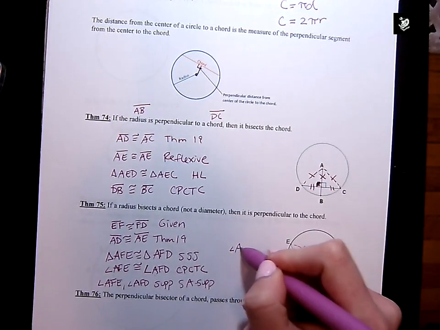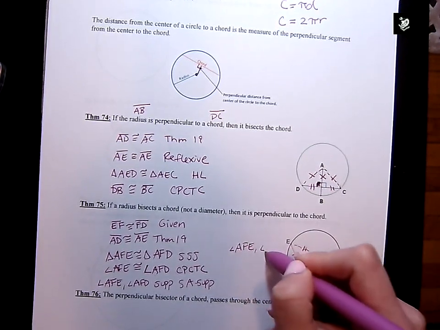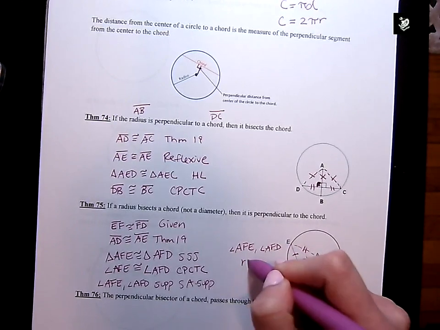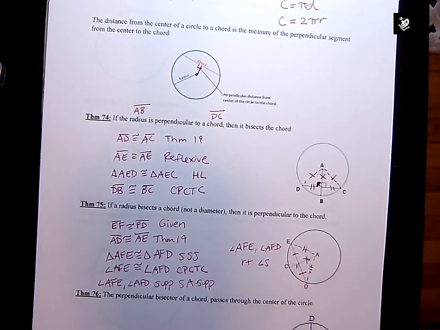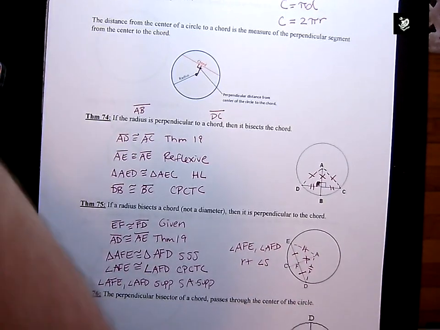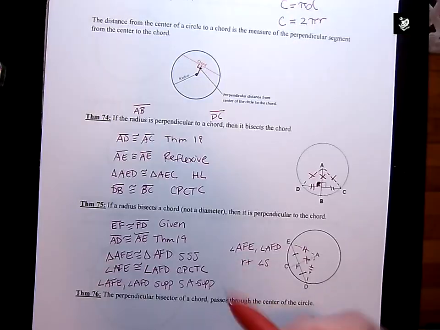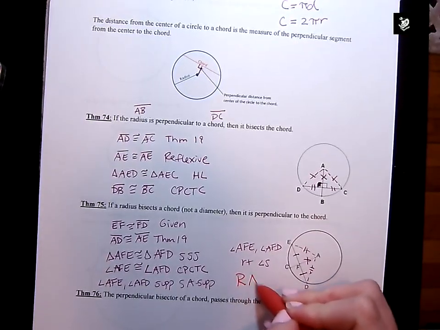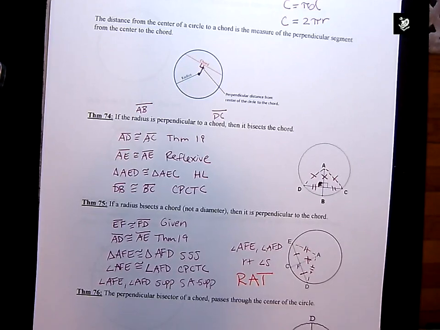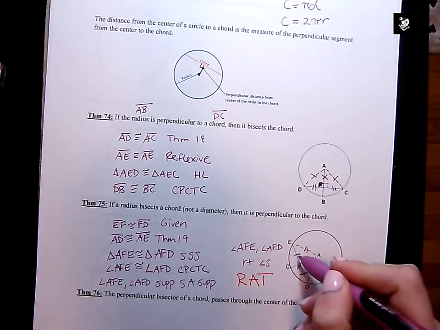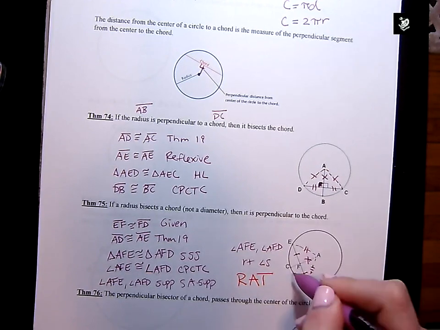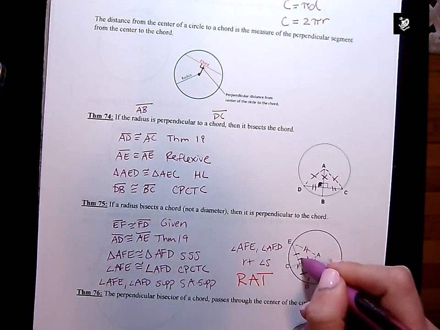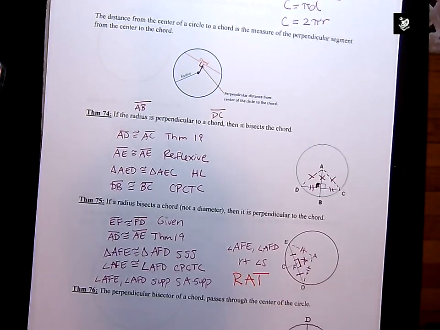So we can say angle AFE and angle AFD are right angles. And what's the reason why? RAT, R-A-T. So that goes way back. But that's the proof for why when a radius bisects a chord, then you know the radius is perpendicular to that chord.